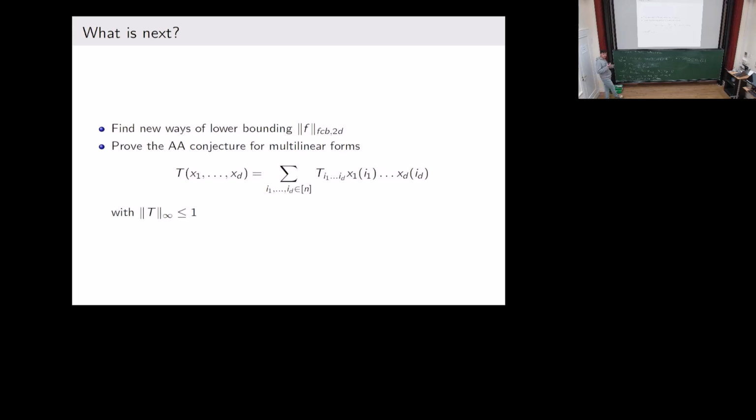And this was already asked by Montanaro and by Aaronson and Ambainis. This somehow feels like the first natural step before proving the general case, but still it has been asked and it has been open for 15 years. So this might not be that easy, but still would be interesting for the Aaronson-Ambainis conjecture.